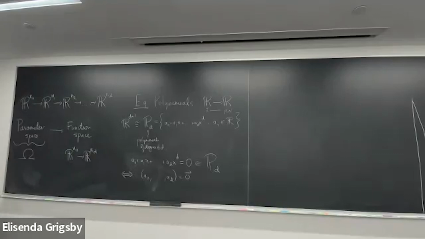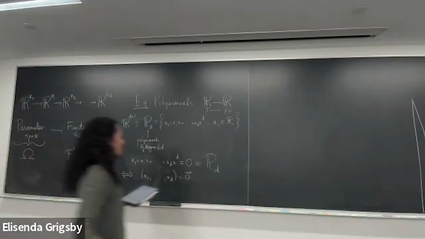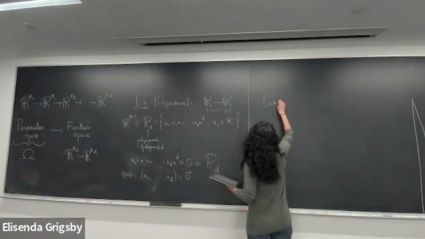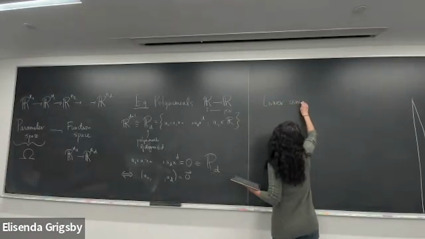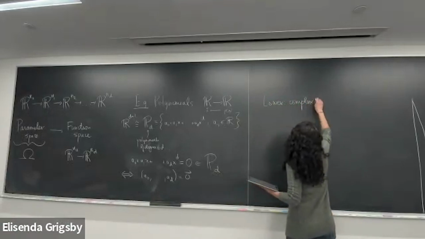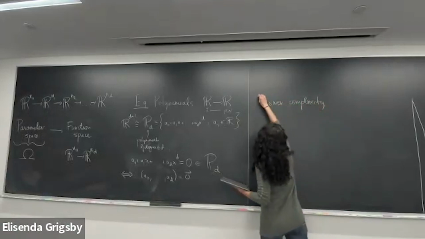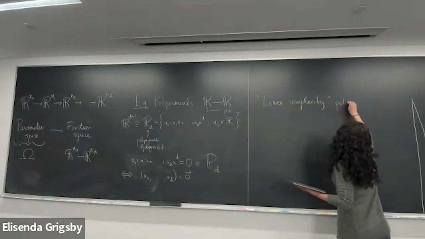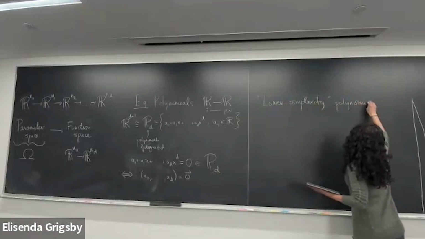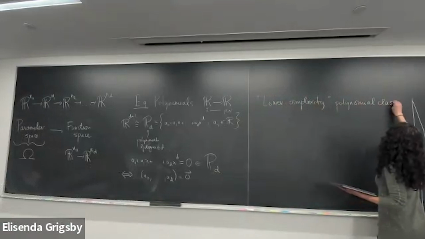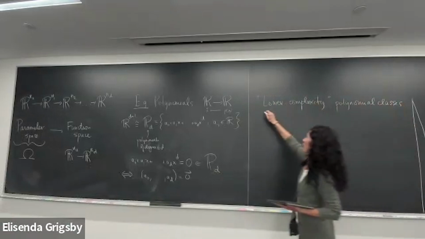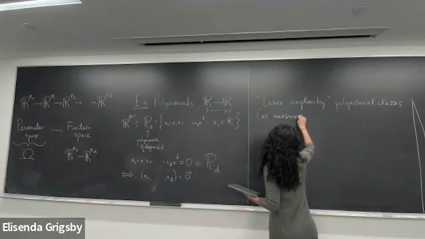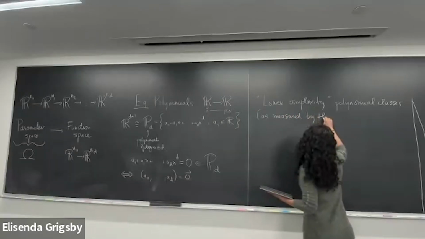So I'm going to be somewhat informal at the beginning while I'm still motivating things. Lower complexity polynomial classes, as measured by the degree.